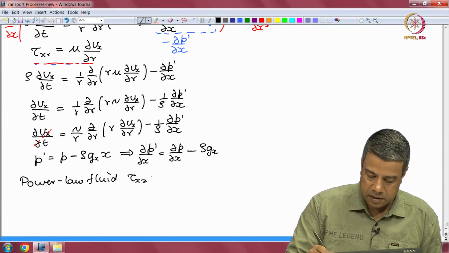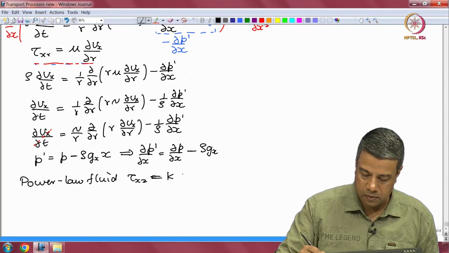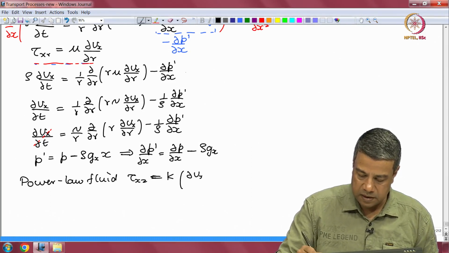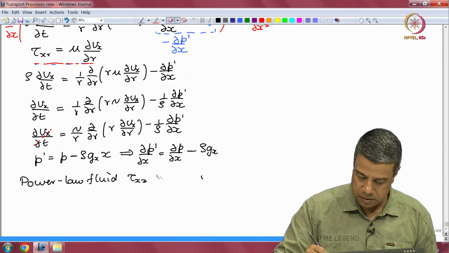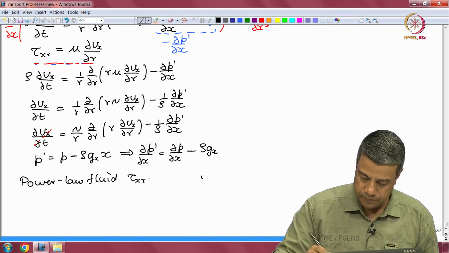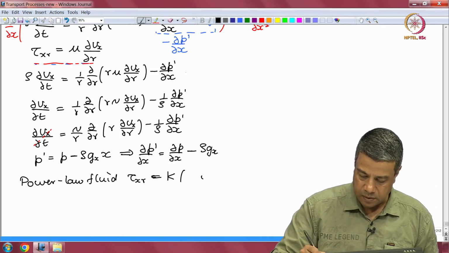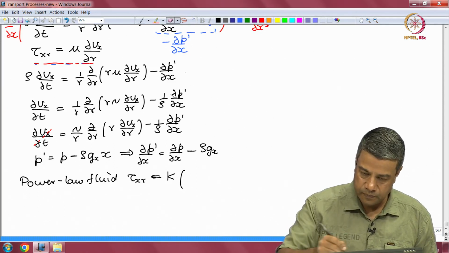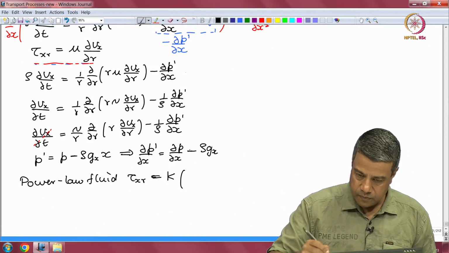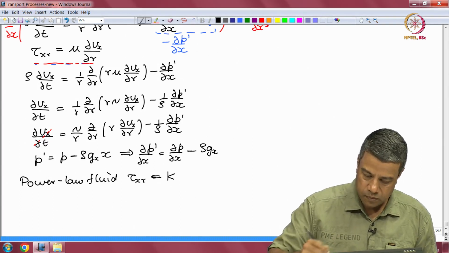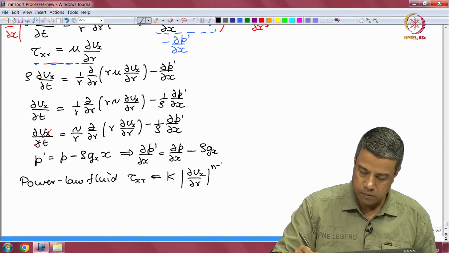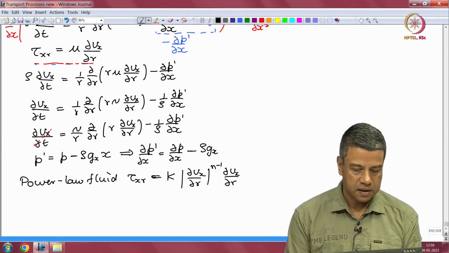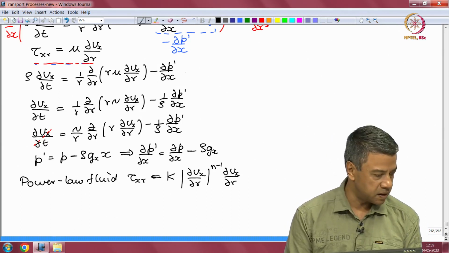tau x r is equal to k into partial V x by partial r, my apologies, into, where k is the flow consistency index and n is the power law index.